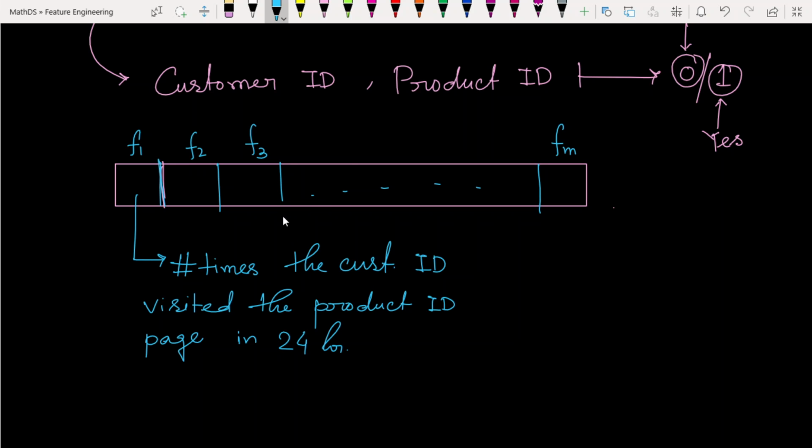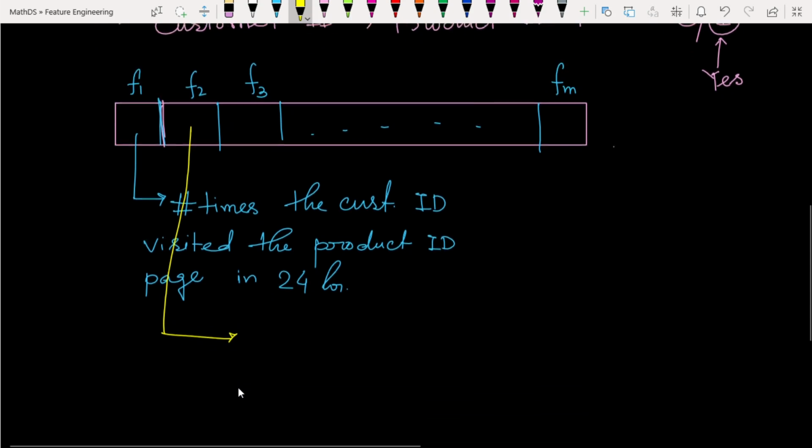That will be one kind of feature. And there is another feature, like you can think of in this way. These features would look like this type.